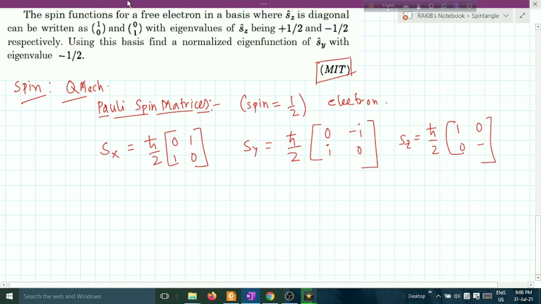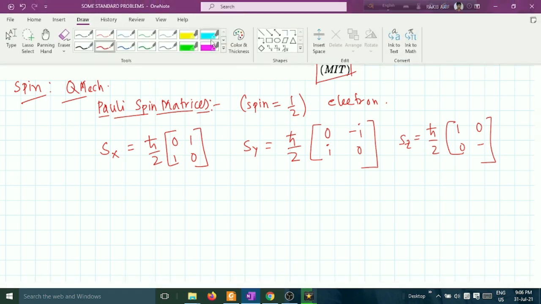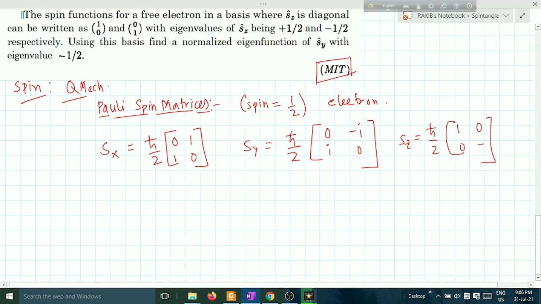Now read the question. The question says that the spin functions for a free electron in a basis where Sz is diagonal can be written as (1, 0) and (0, 1), with eigenvalues of the Sz operator. We know the Sz operator.